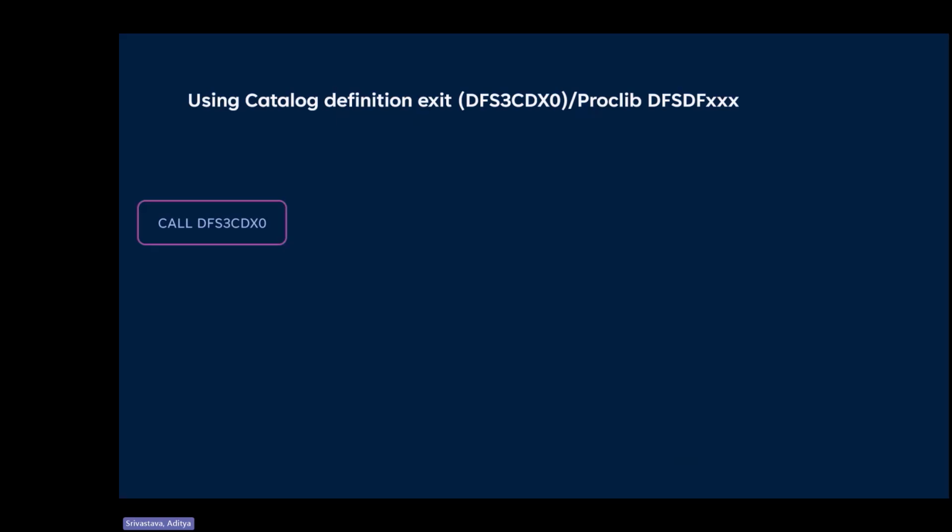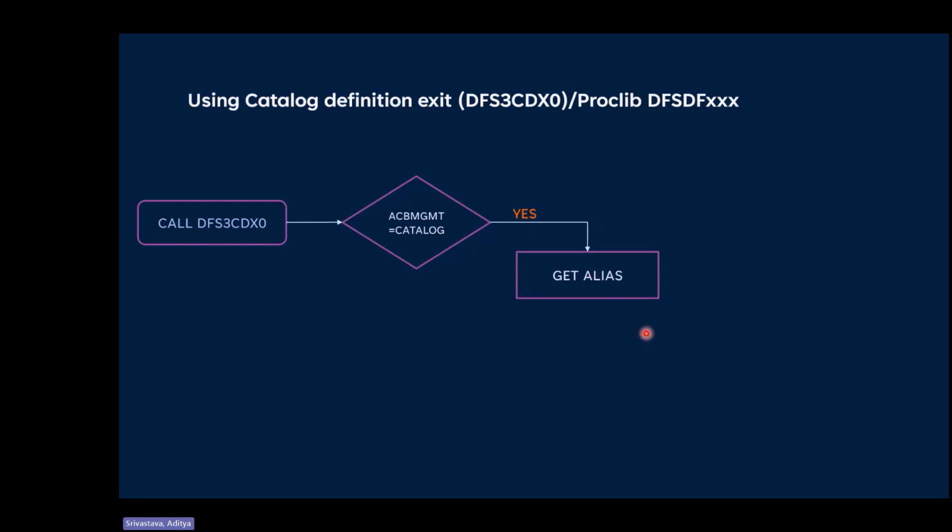My utility will call DFS3CDX0, that is the catalog definition exit. Then the code checks if the ACB management is catalog or not. If it is catalog, then go and get the alias name. How will it get the alias name? Based upon the alias name defined in DFS3CDX0, it will try to find the MDLIVE member, alias name, HLQ.